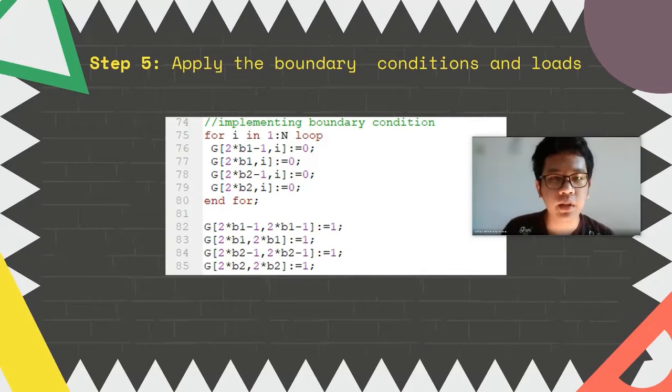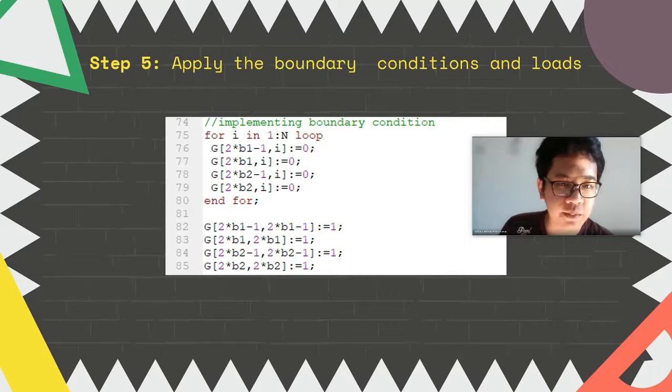And step 5, apply the boundary conditions and loads. We know the boundary conditions and loads from step 1. So we operate the matrix G2 times B1 minus 1 point E, and the condition is equal to 0. And the second one, G2 times B1 point I equals 0.